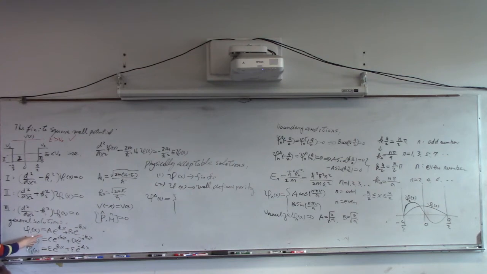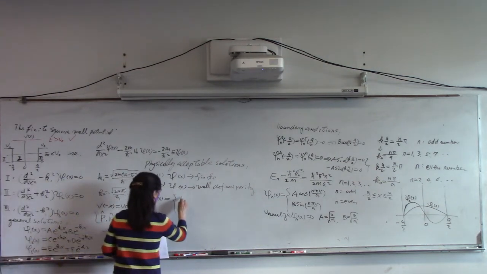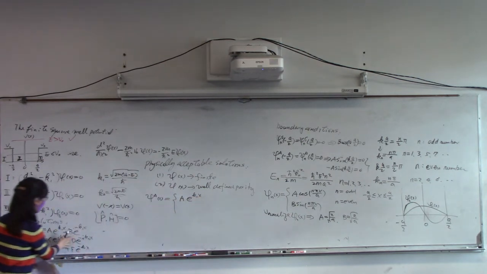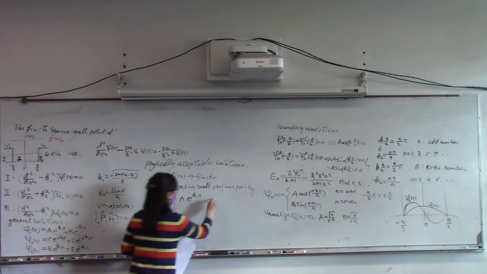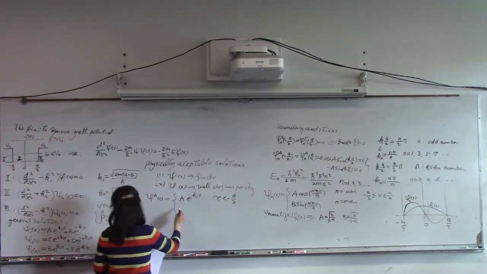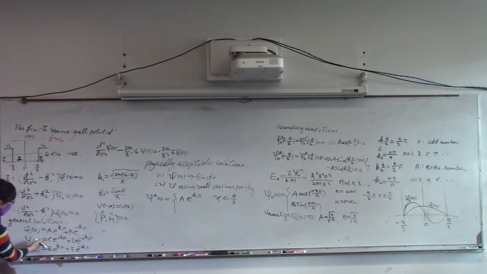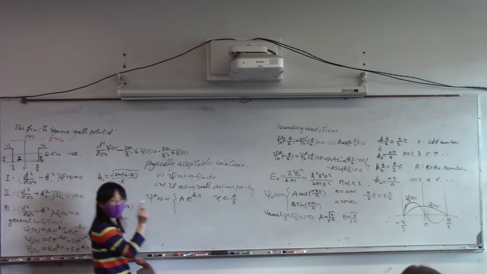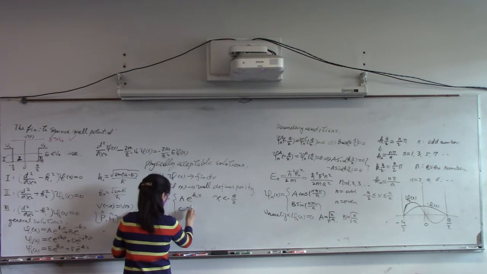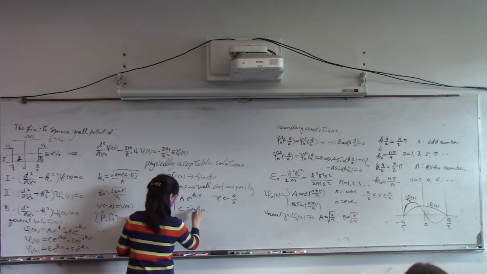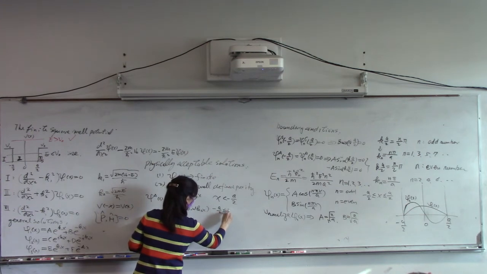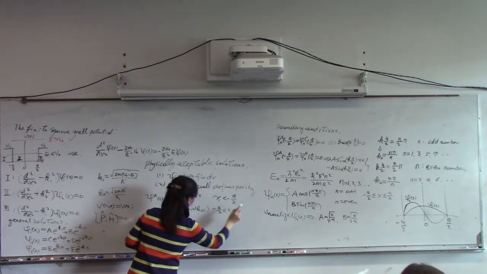For psi 1 here, we select A exponential K1x, right? Because we drop this one, for x negative. And in the intermediate region, if antisymmetric, with sine, let me use the coefficient C as C sine K2x in this range.